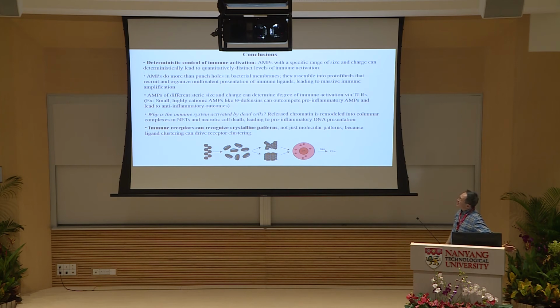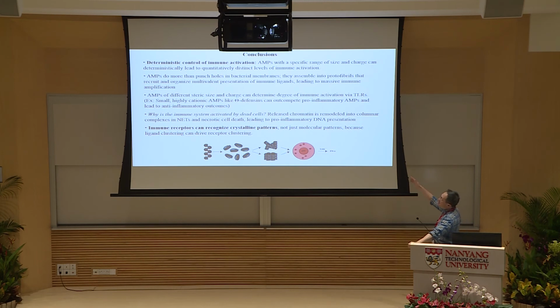And what we're seeing is that these AMPs do a lot more than what was previously thought to be their main function, which is to punch holes in bacterial membranes. We find that they actually assemble into these protofibrils that can organize immune ligands and give you this kind of systematic multivalent presentation that gives you immune amplification.